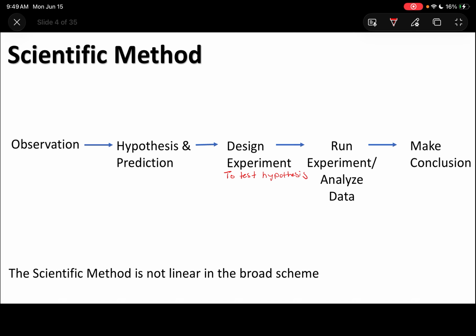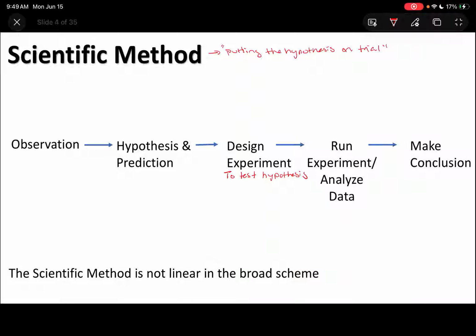Essentially, the scientific method, the study, is sort of quote-unquote putting the hypothesis on trial. You're essentially trying to evaluate if this hypothesis, this possible explanation, is valid or not.